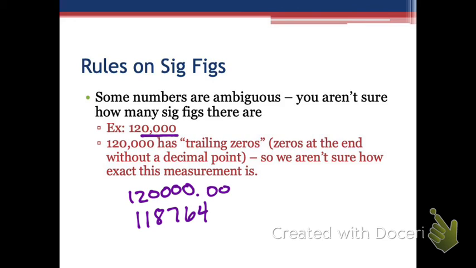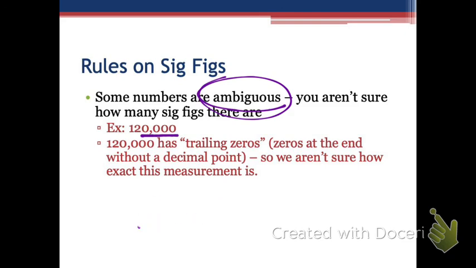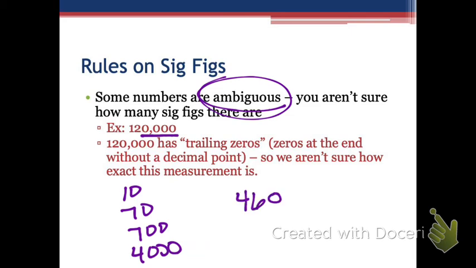We just don't know. So ambiguous numbers are what these are called. This number right here is called ambiguous. This is zeros at the end without a decimal place. So other examples of ambiguous numbers, it's any number that's got a zero at the end with no decimal. So 10 is ambiguous. 70, 700, 4,000, all of those numbers are ambiguous. 460, right?